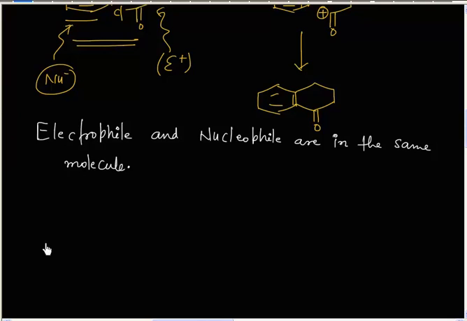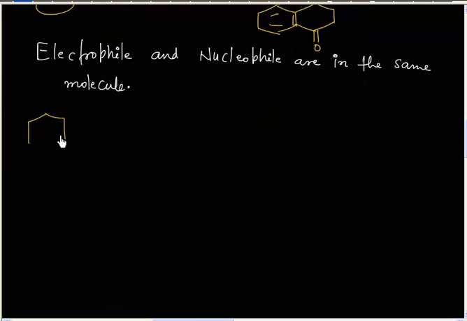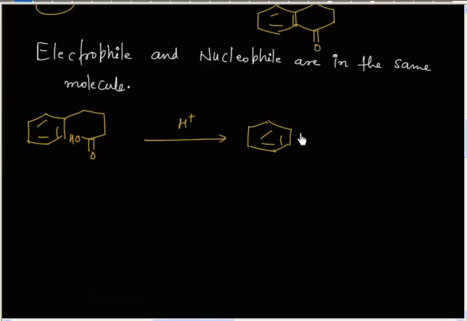We can have another example. For example, if I have this molecule with COOH, and if this is treated with H plus, initially we have to form a good leaving group, that is OH2 plus.